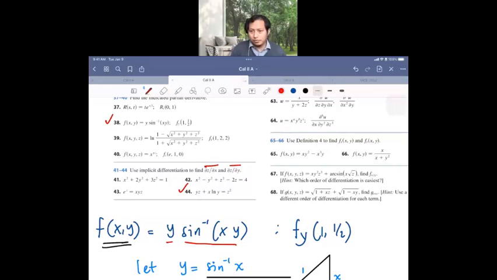Or do you want me to work on it? I hope implicit is still doable for you.